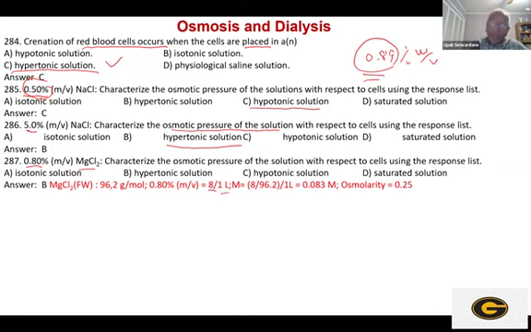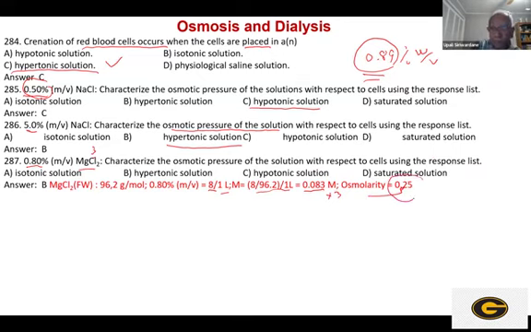So an 8 grams per liter solution has 0.83 molarity. Since there are 3 ions, one magnesium and 2 chloride, this is multiplied by 3, you get 2.5.